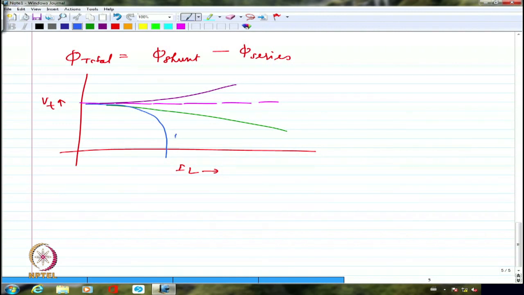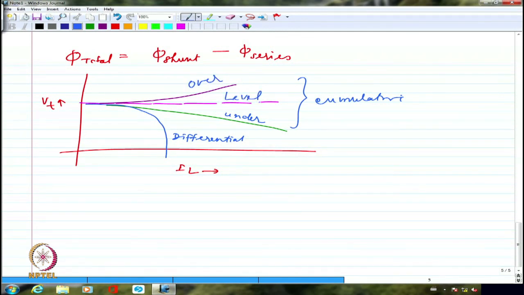So this is differential. These are all cumulative, with this being under compounding, this over compounding, this level compounding, and somewhere in between I should draw the normal shunt, just shunt alone, no series.